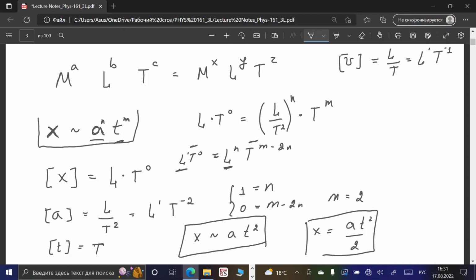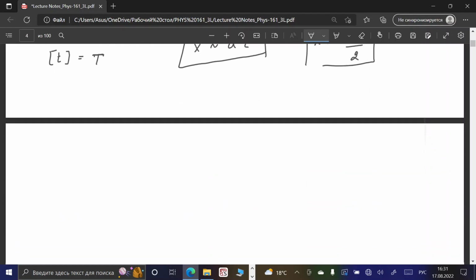So another thing what we would like to probably consider, another example with dimensional analysis, is to estimate pressure inside our sun. So let's say it's not so trivial question now because it's not so easy to answer as in the previous example. However, we can make some estimation.